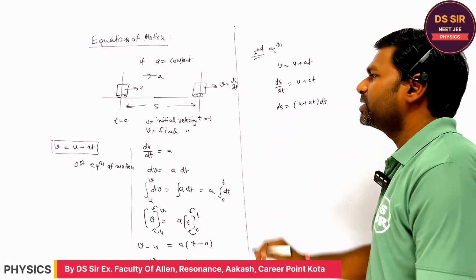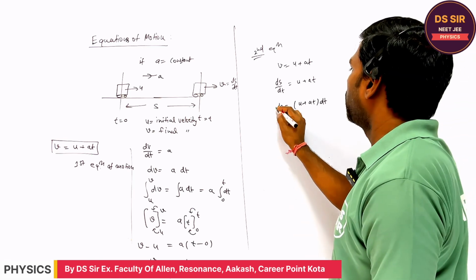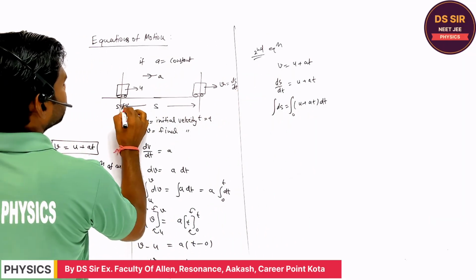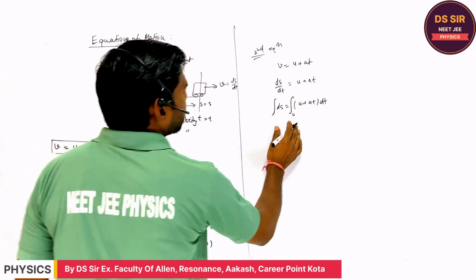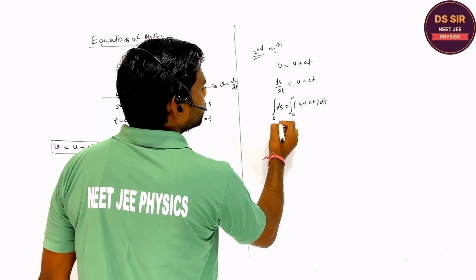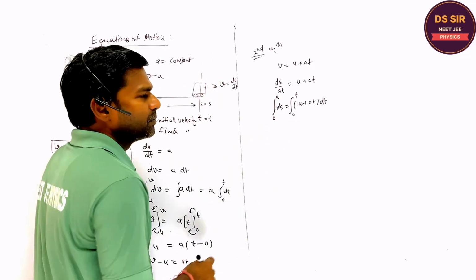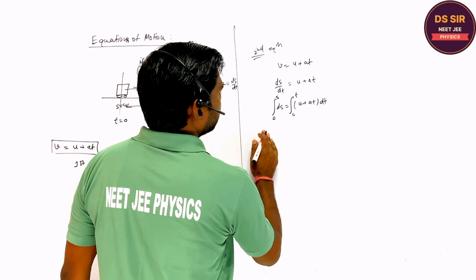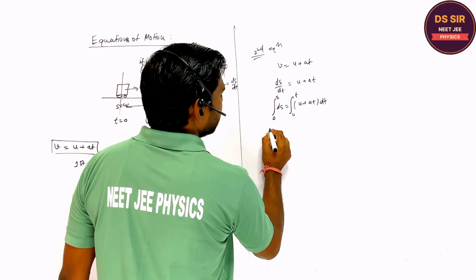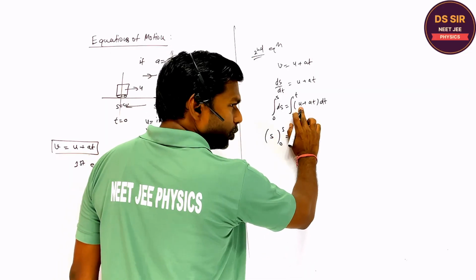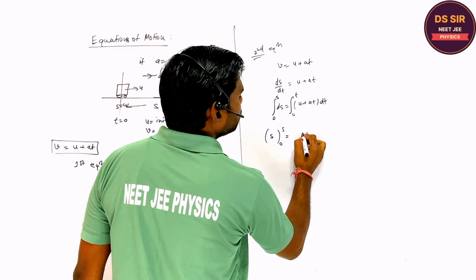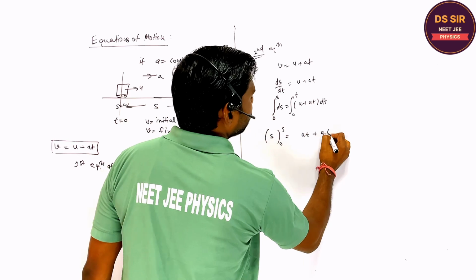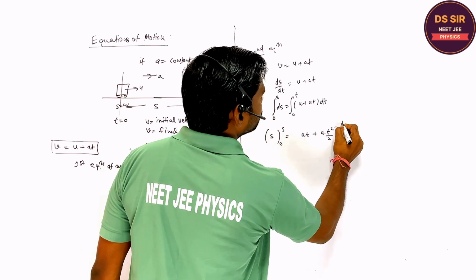So this ds is the elemental displacement. If you integrate both sides, at t equal to 0 the displacement is 0. At t equal to t, the displacement becomes s. So here s minus 0. The integration of ds is s, with the limit from 0 to s, equals the integral of u into 1, which gives t, plus a times the integration of t, which is t square by 2, from 0 to t.